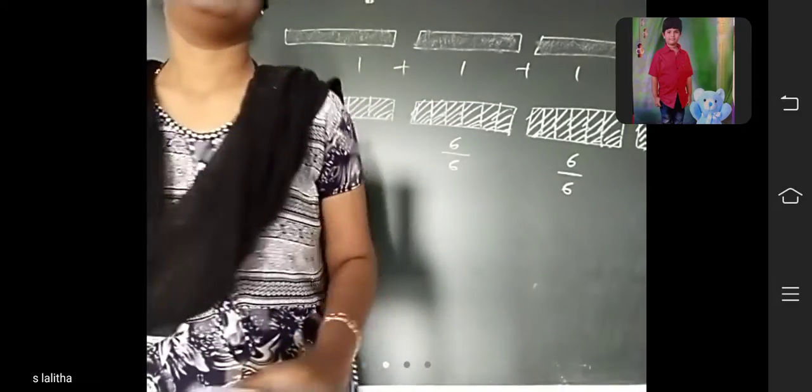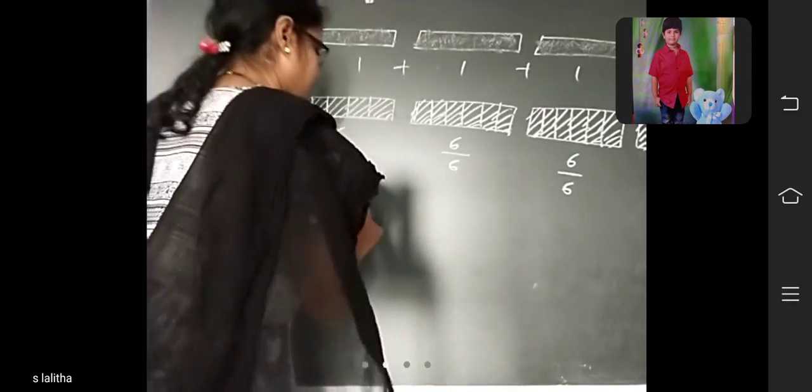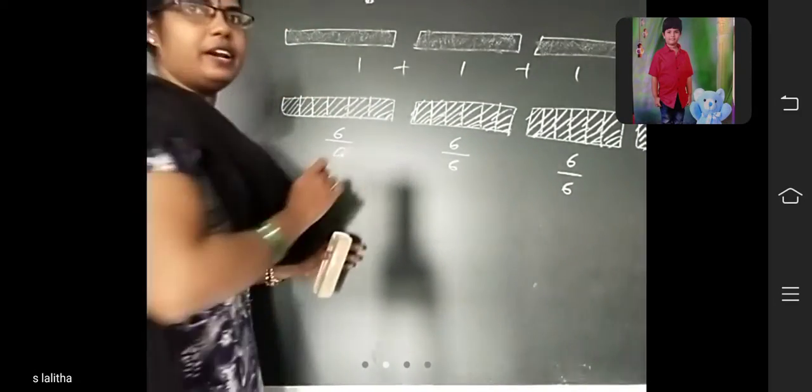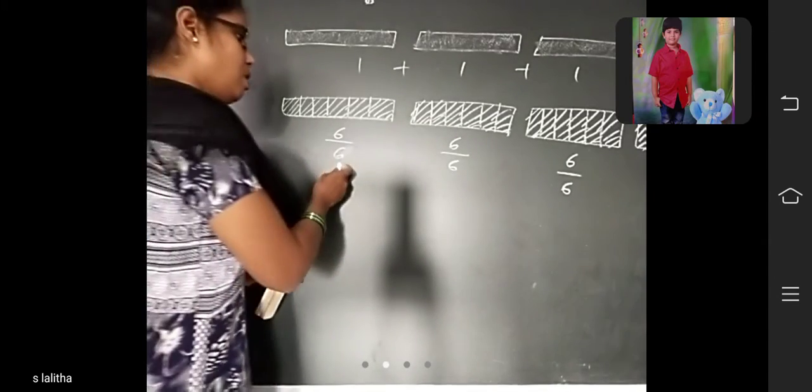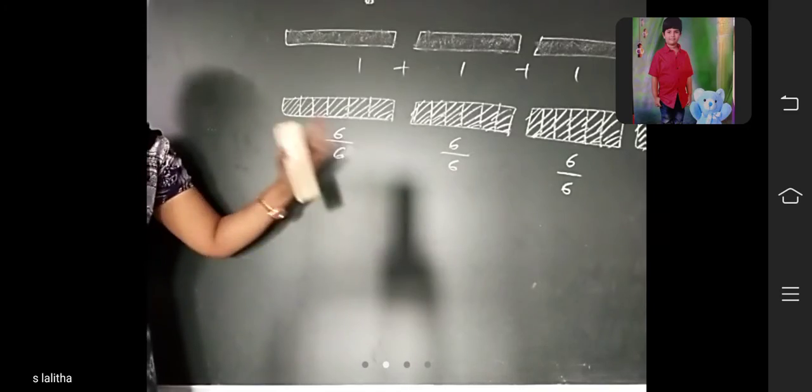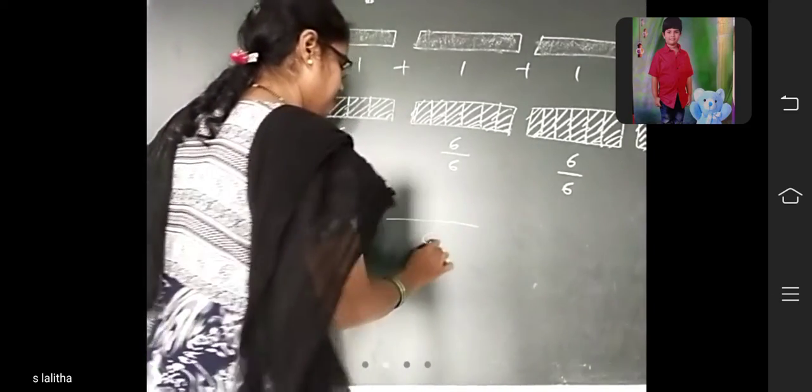Okay. Now you should add here. So all are written as fractions. Now, are all the denominators the same or not? All the denominators are the same. You should add all these fractions.